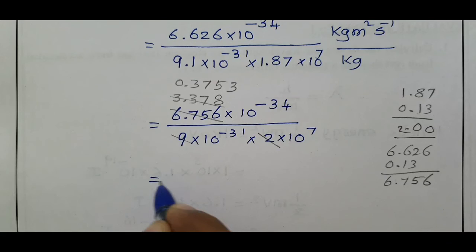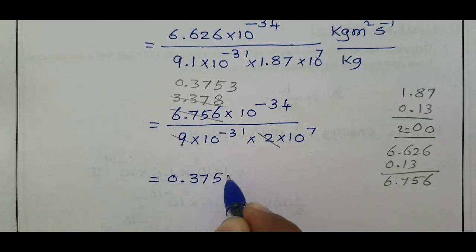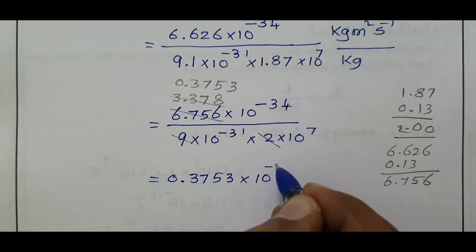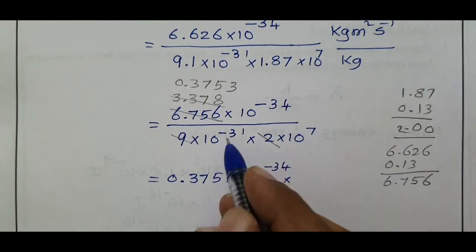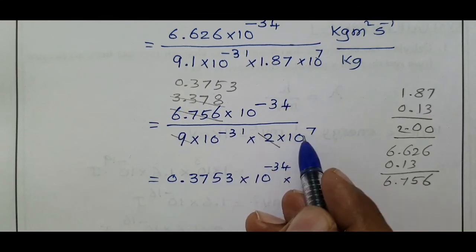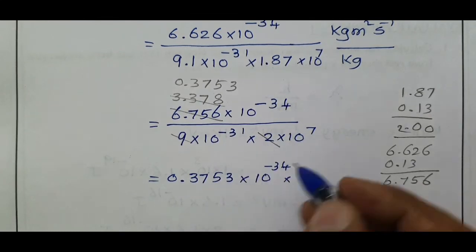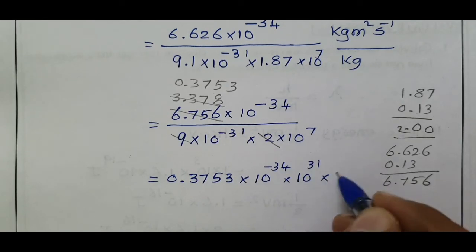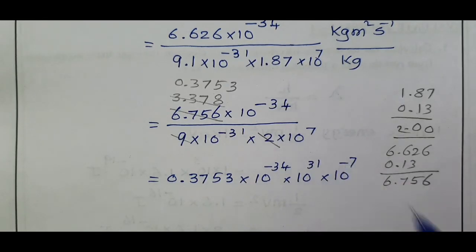It is equal to 0.3753 into, in the numerator we have 10 power minus 34 into, bringing all these 10 power values in the denominator to the numerator, it becomes 10 power plus 31 into 10 power minus 7.